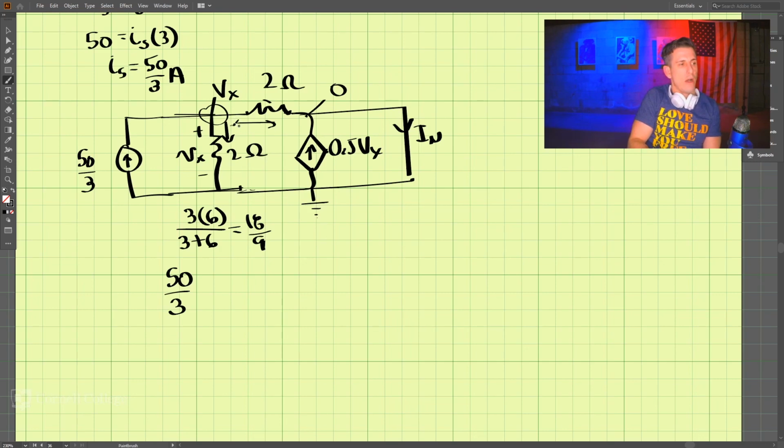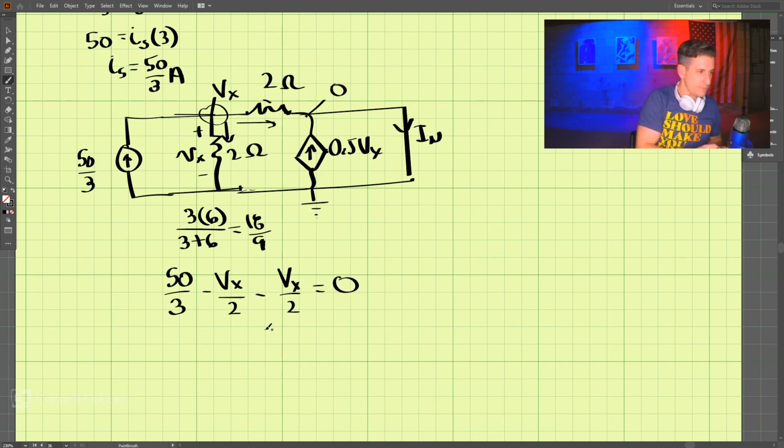So going out, we have Vx divided by 2, and then we have minus this, which is Vx divided by 2. And we set that equal to 0.